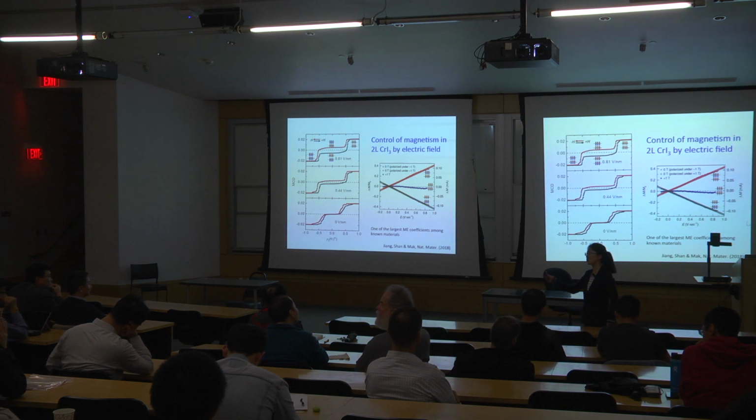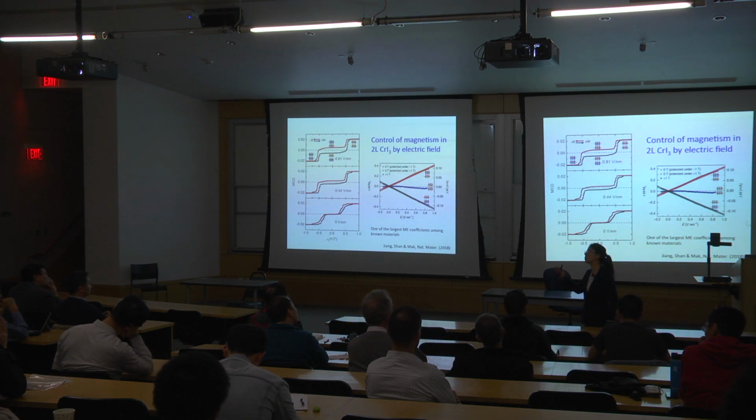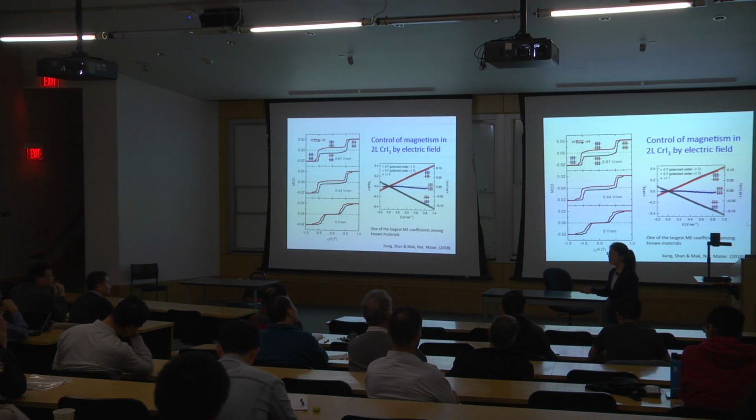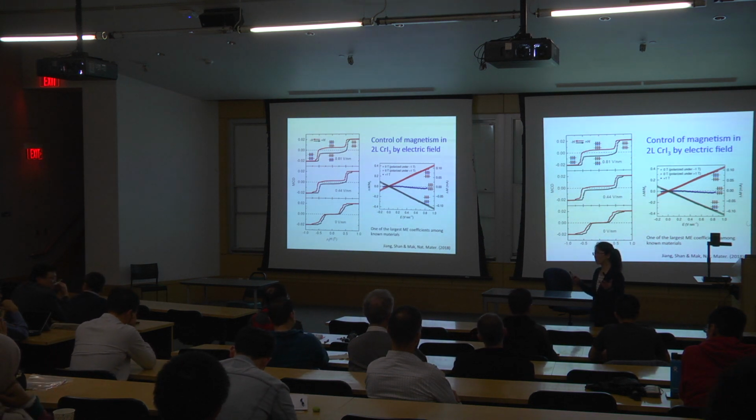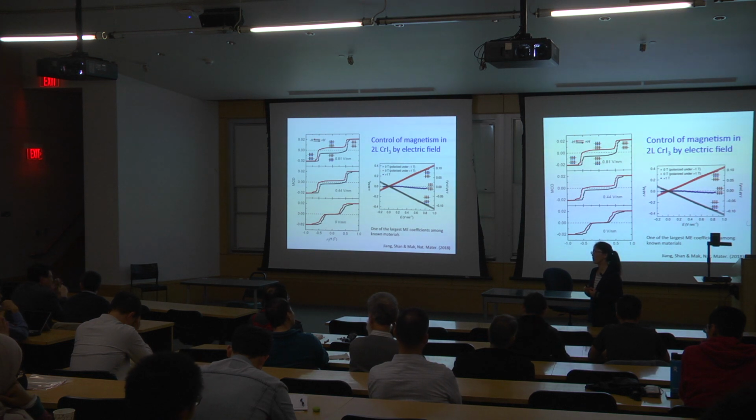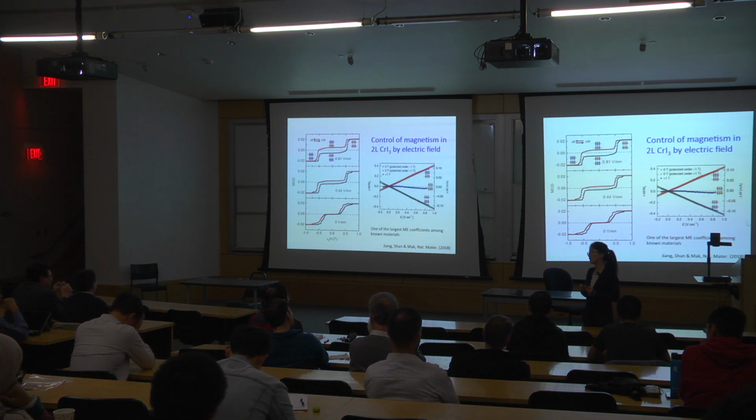Once current is gone, there's no magnetization, and this effect survives at room temperature, and it can be made pretty big. And we have studied other systems that can give you an even bigger effect. And this magnetization, you can also probe it using transport. For example, we have seen the nonlinear anomalous Hall effect by doing transport. It's the same type of physics.